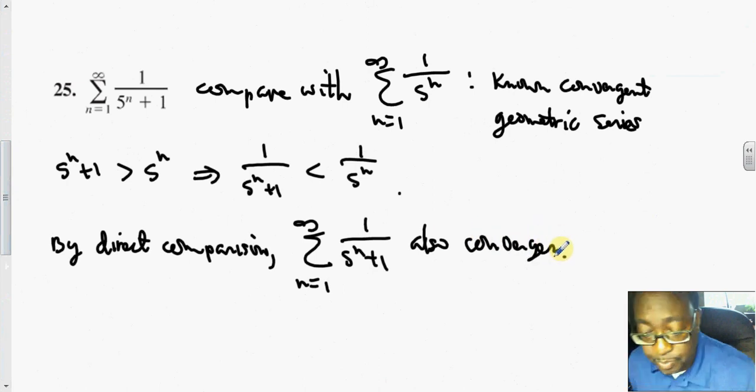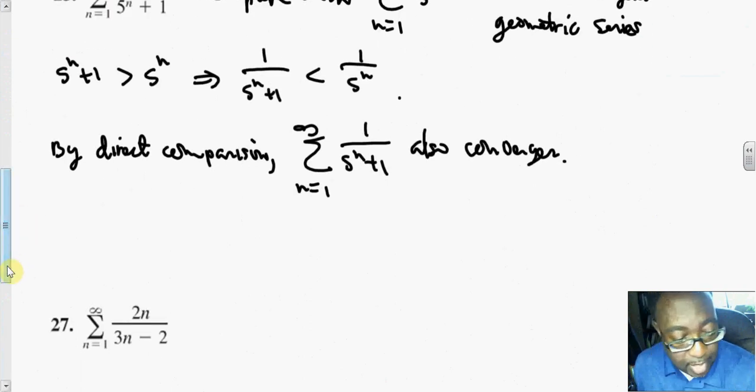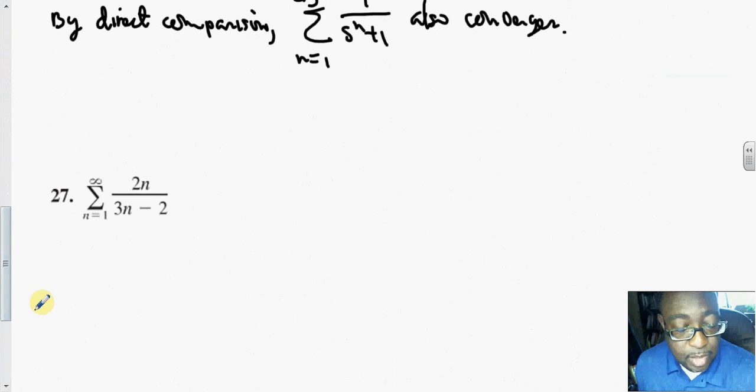Now let's be honest. A lot of these you can just see, and you can tell that it's convergent or divergent. But you want to state it. You want to be able to express it in some meaningful way.